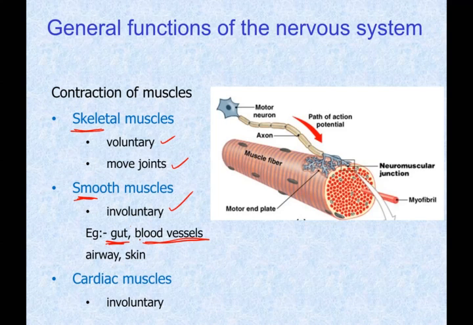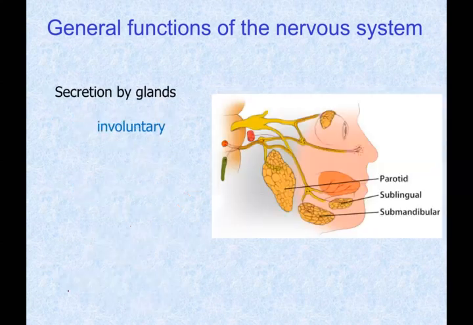All these tracts will have smooth muscles controlled involuntarily. And even in the skin, you have some smooth muscles. Then you get the cardiac muscles, which is also involuntary and controlled by the autonomic nervous system of the body. Then the secretion by glands, anyway, it's involuntary, as I said before.